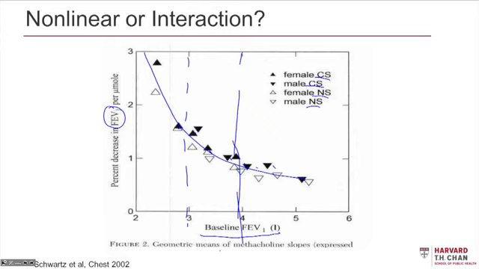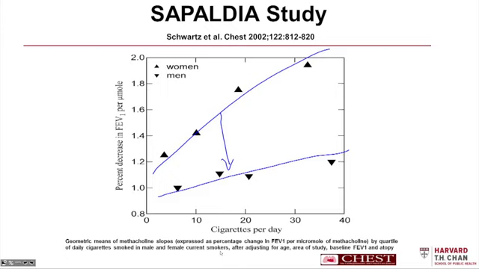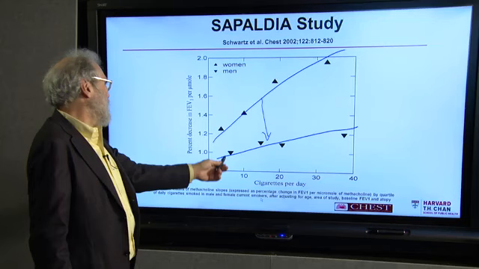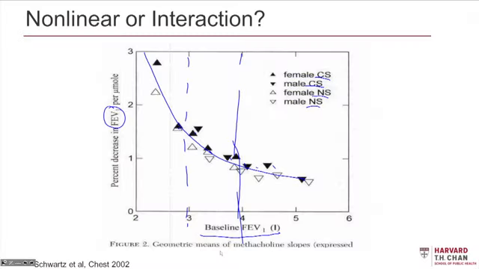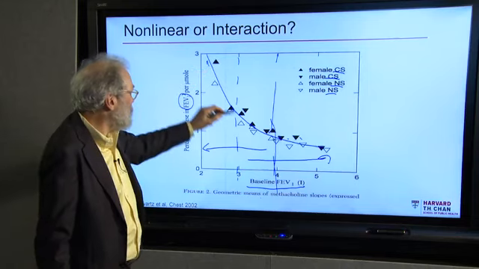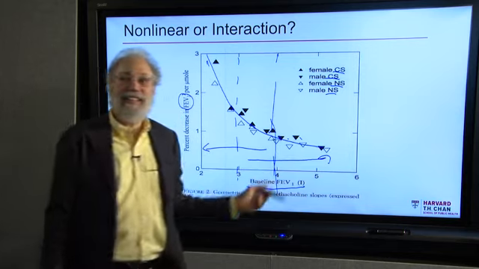And the reason why it looks steeper in females, remember, in females at any rate of smoking, the percent decrease is bigger than men. That's because this is a nonlinear curve, and women are there and men are there, and the average slope is steeper here than it is there.